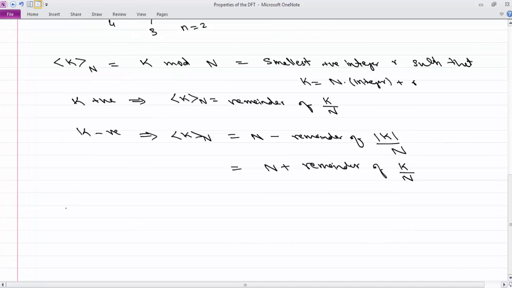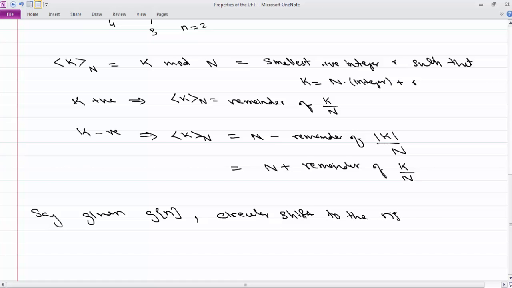So a circular shift: if I'm given a sequence g[n], and I want to circular shift it to the right by n naught, you will define that as g of (n minus n naught) mod N. Okay.